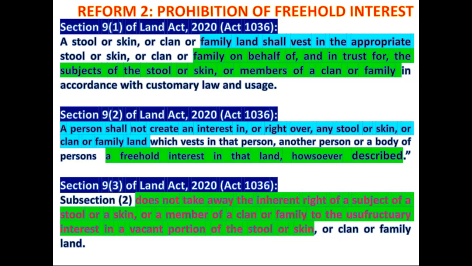What does this even mean? It means that even though we have prohibited the creation of freehold interest in stool land and in family land now, that prohibition does not apply in relation to the inherent right of a subject of a stool or skin or member of a family to the usufructuary interest.